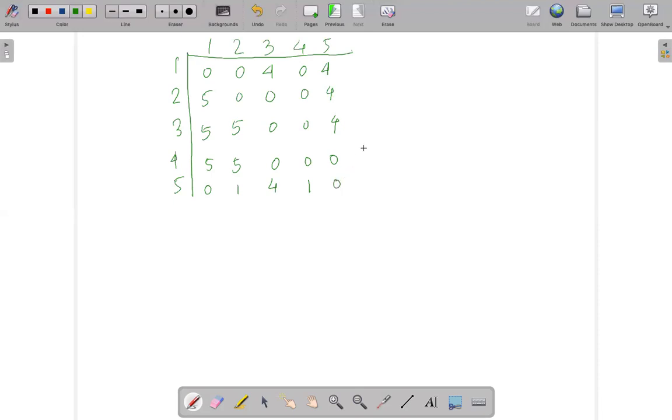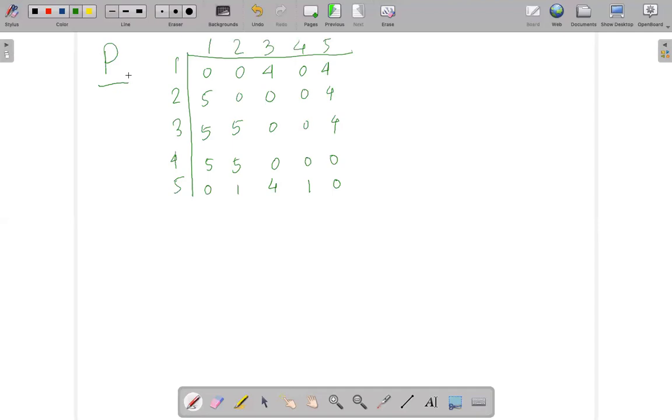So this is our P matrix. Once we have constructed this P matrix, we can easily use it to compute the shortest path, to print the shortest path.